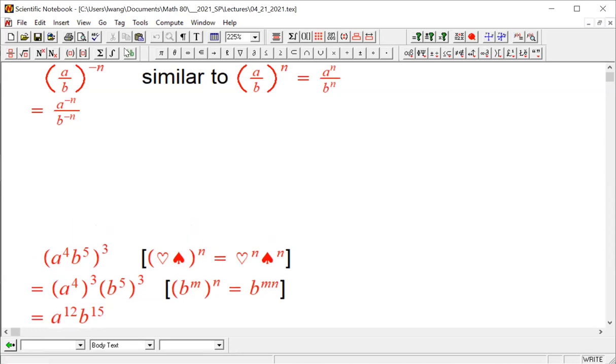What's interesting about this is that we can then apply the property. Which property? The property that b raised to the power of negative n is 1 over b to the power of n.